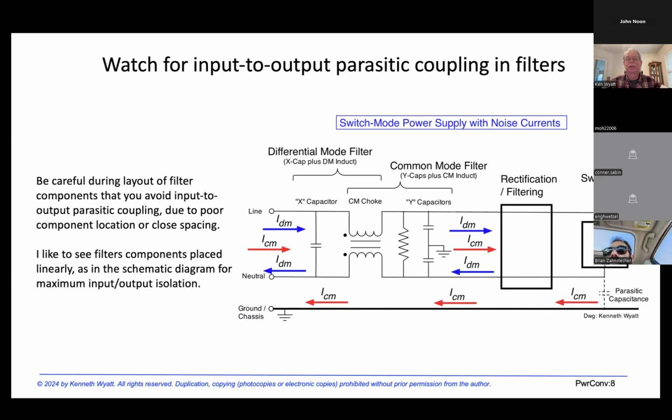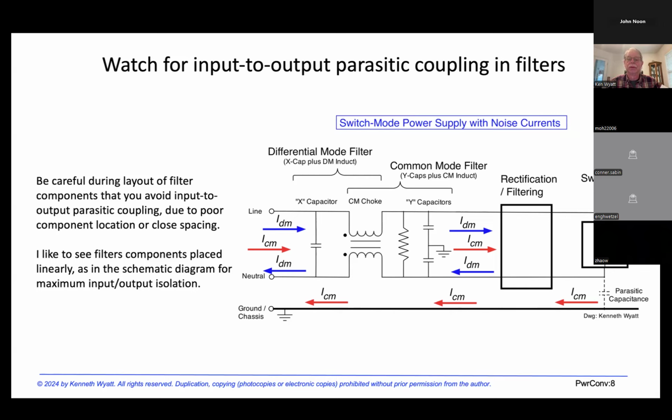In a similar fashion, when we're laying out the noise filters, we want to minimize the parasitic coupling between input of the filter and the output. And I've tried to depict that here. And you can see, if you look at the common mode choke, that it is actually used as both a differential mode filter and a common mode filter.